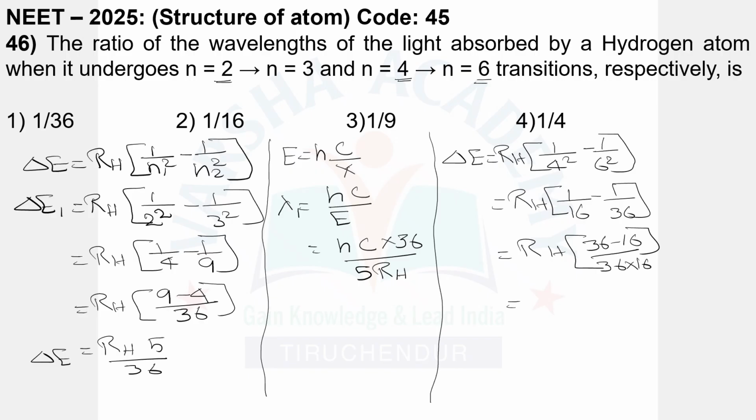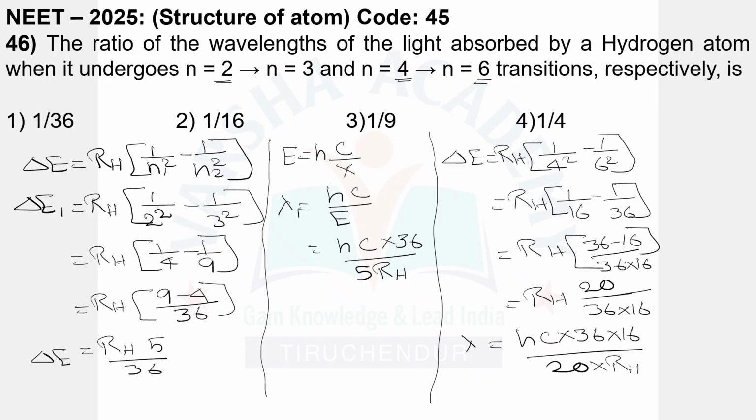So the energy value is RH into 20 divided by 36 into 16. Then lambda is equal to hc into 36 into 16 divided by 20 into RH. This is lambda 2.